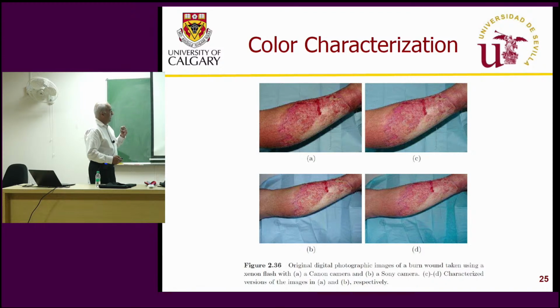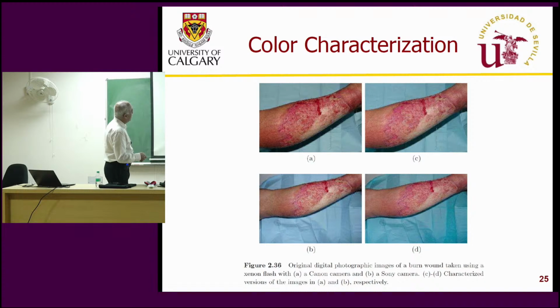But then the calibration of the color is important. So here, this was taken with a xenon flash using a Canon camera, and this with a Sony camera. Now, there is a difference in the magnification, but the colors are slightly different.